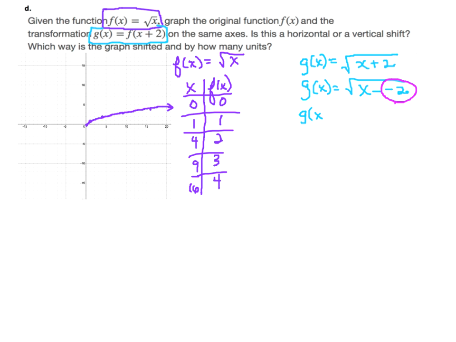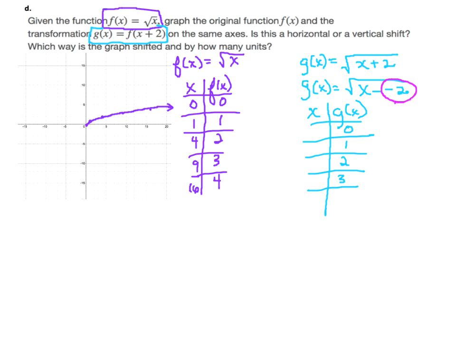Okay, so I'm going to go ahead and construct my table. And so what this says is the only thing that changes about this function are its input values. So now I have an x, g of x chart.